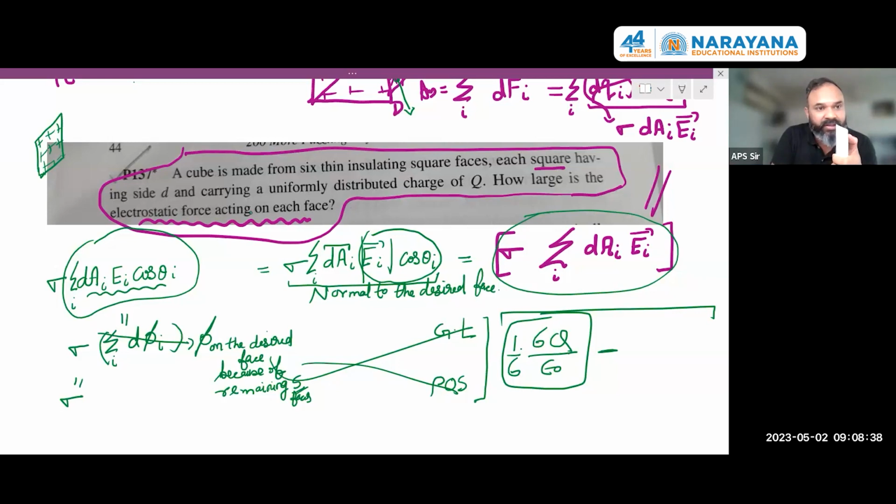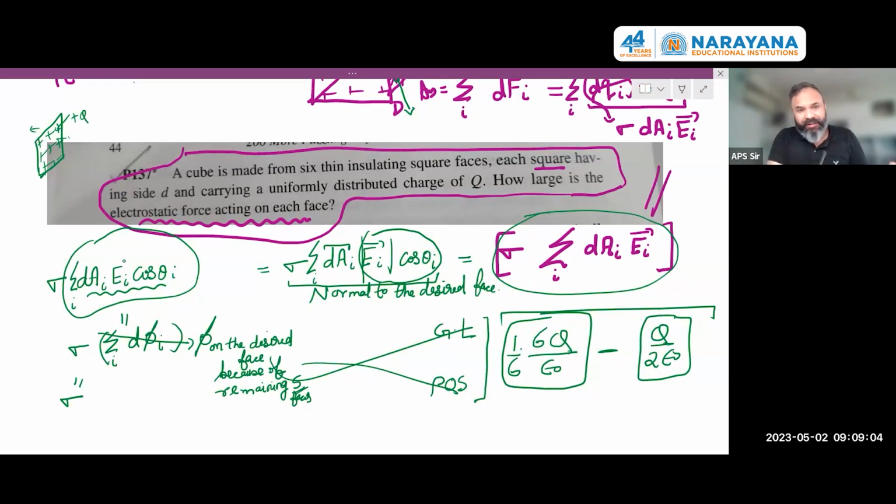And the 6th face itself has a charge of q. So his flux from that side and this side is equal, q by 2 epsilon naught here, q by 2 epsilon naught here. So I said I'll subtract q by 2 epsilon naught, the contribution of the 6th face in the flux.